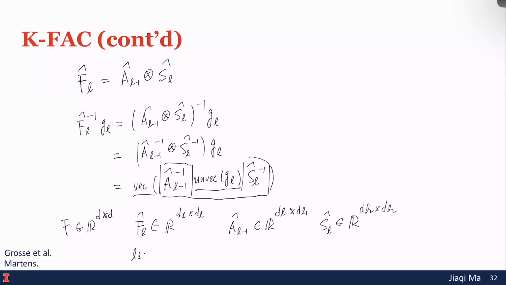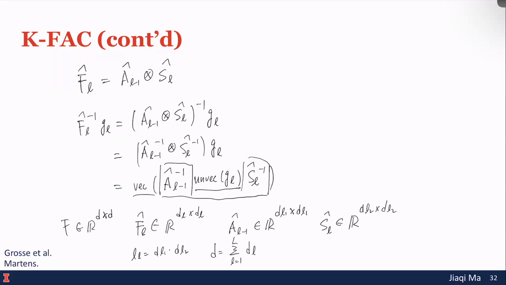And we know DL equals DL1 times DL2, while D equals the summation of DL from L equals 1 to capital L, right?